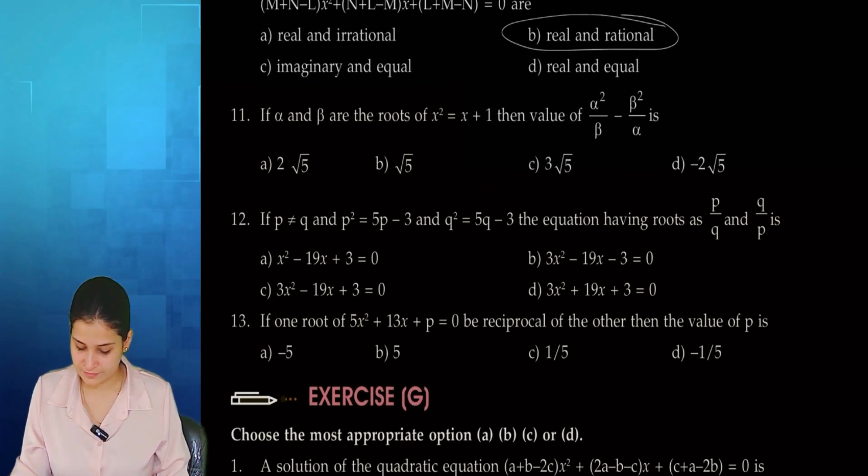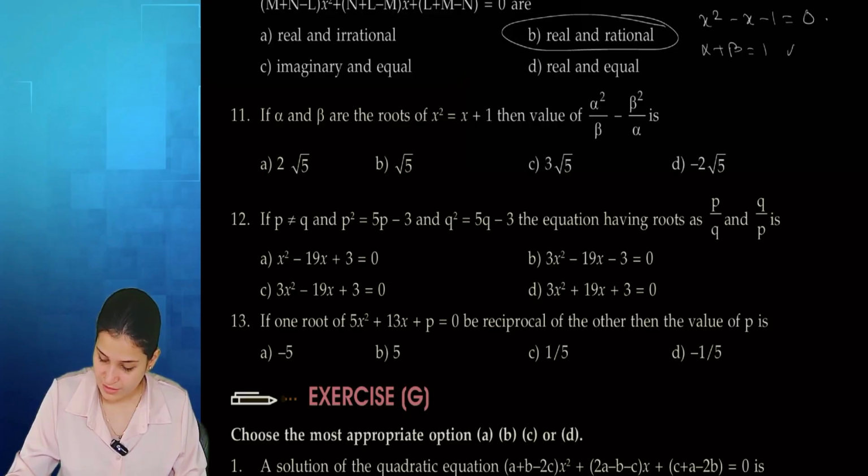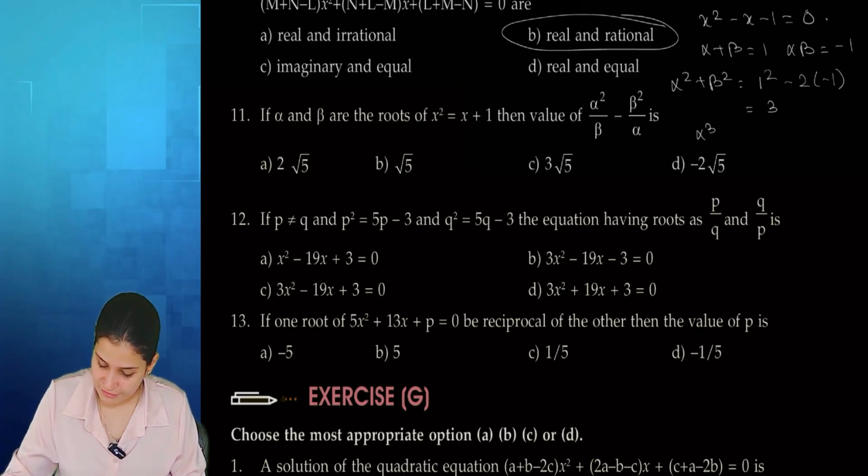Question number 11. The equation is x square minus x minus 1 equals 0. So alpha plus beta is 1. Alpha into beta is minus 1. If I want to find alpha square plus beta square, alpha plus beta whole square minus 2 alpha beta, that is 3. Right? Now what I want to find is alpha cube minus beta cube. Why do I want to do that?